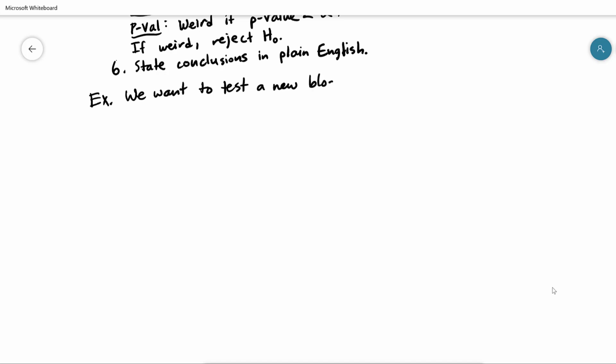So we want to test a new blood pressure medication to see if it is effective at reducing blood pressure.